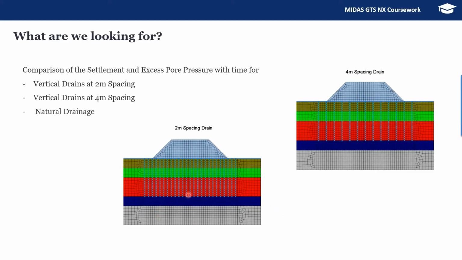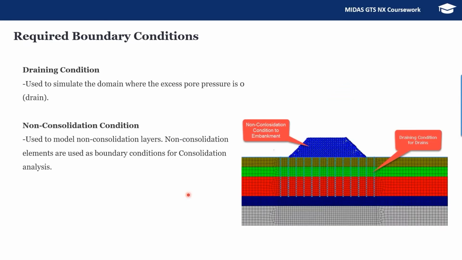So let's move ahead. To perform this, we need to apply 2 important boundary conditions to our model. The first one is the drainage condition, and the second one is the non-consolidation condition. As I said earlier, we are not actually modeling the vertical drains, but we are simulating the behavior of the vertical drains.